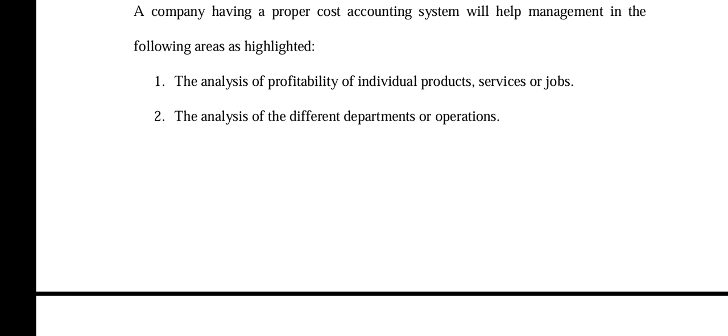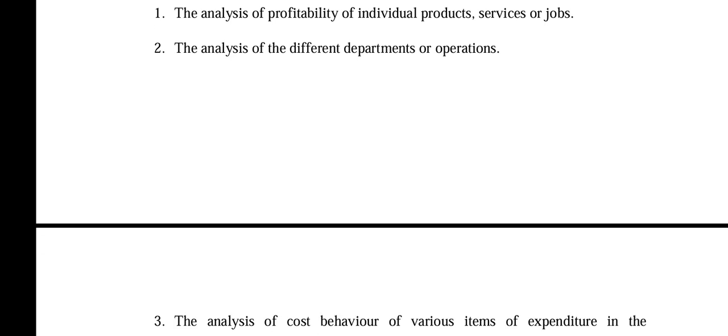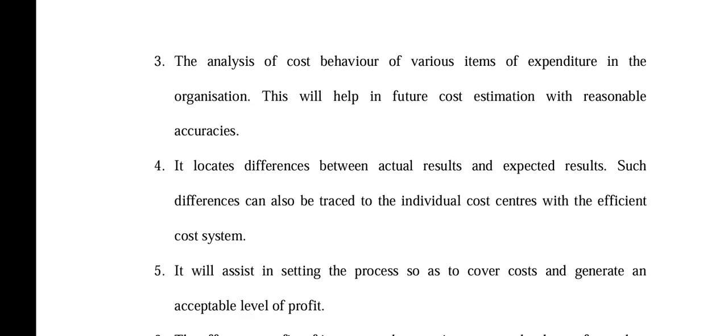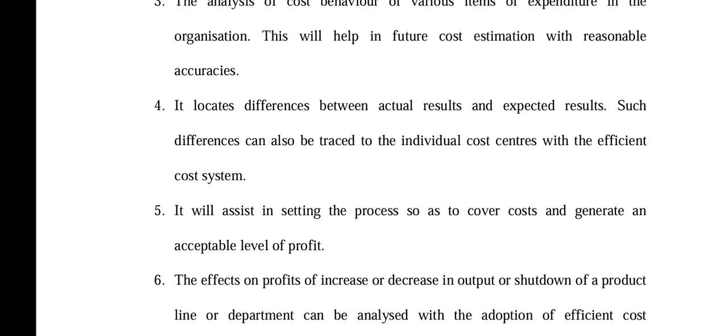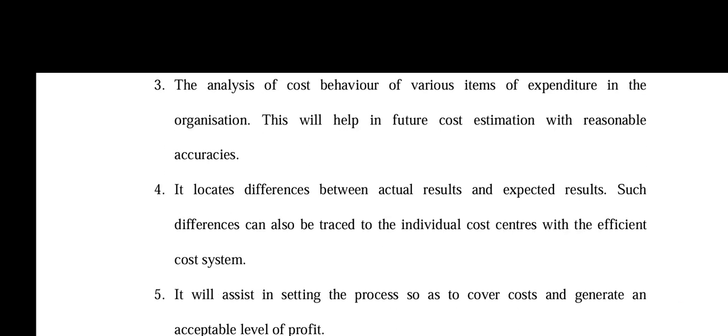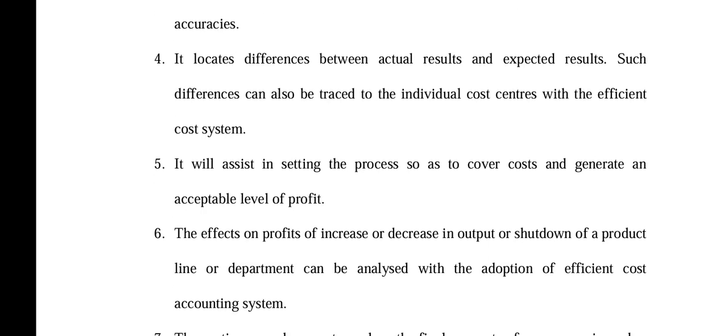The second one here is the analysis of the different departments or operations. We'll be able to analyze the different departments or operations. So we have quite a number of importance or reasons for cost accounting system.